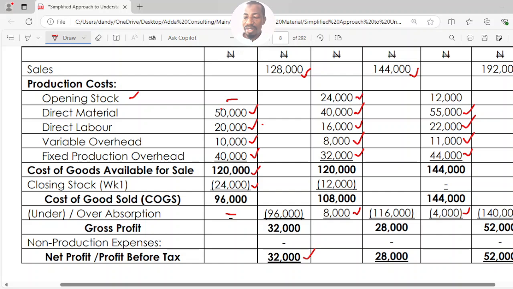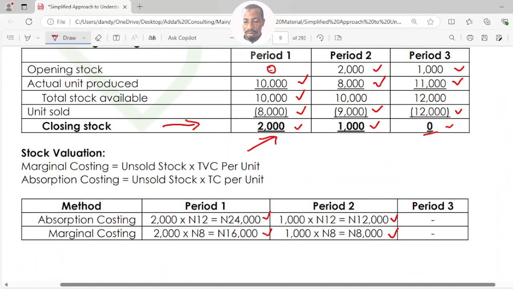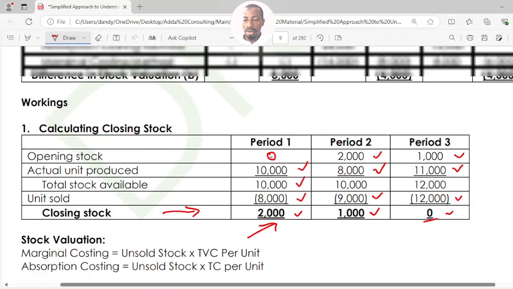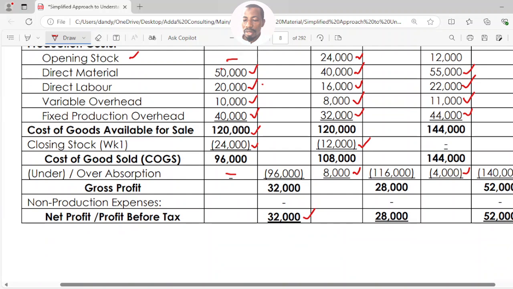So you add up everything, that's 120,000. 120,000 minus the closing stock of 12,000 naira we have calculated before. Let's confirm it. Yes, for period two, closing stock is 12,000 naira under absorption. So 120,000 minus 12,000 will give us 108,000.